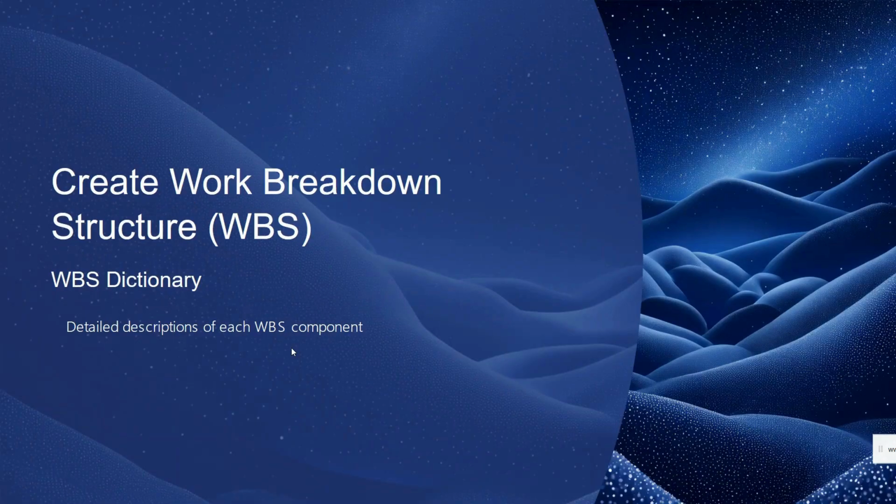After that, we have create work breakdown structure, WBS. The work breakdown structure breaks the entire project into smaller, manageable components or work packages. It helps project teams to organize tasks, estimate cost, and manage the project.